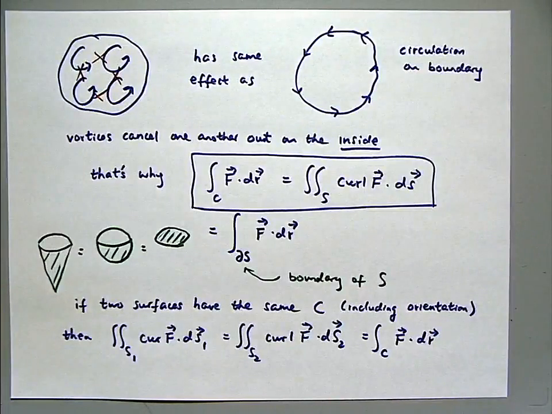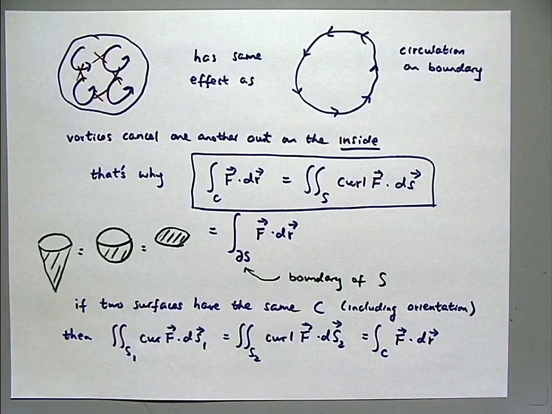Let's do examples. Let's say our vector field is F = yi - xj.